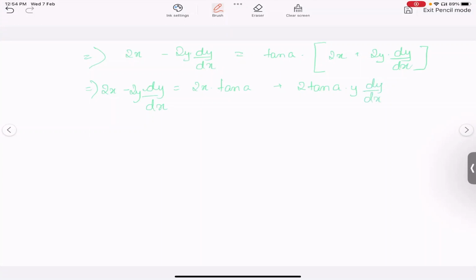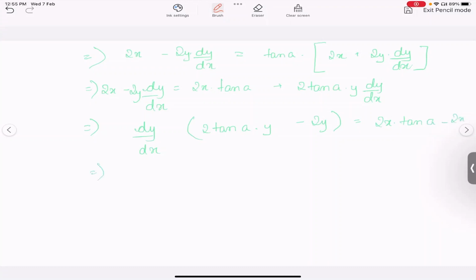So now we can bring dy by dx terms on one side. This will be equal to 2 tan a times y minus 2y, dy by dx, is equal to 2x tan a minus 2x.